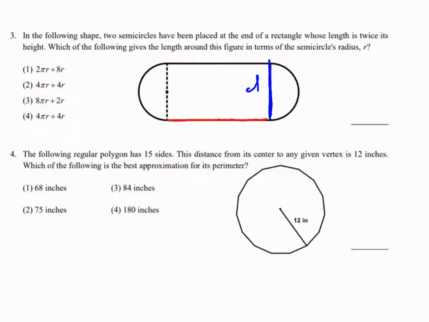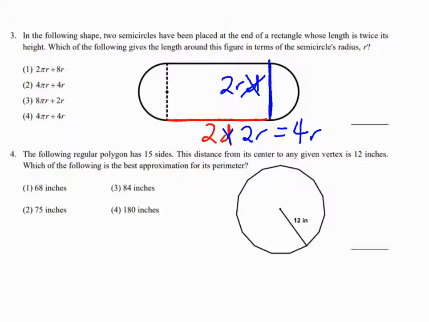So the red part would be twice the diameter. Since the diameter is also 2 times the radius, we can call this blue part 2 times the radius, which means this red part would be 2 times 2 times the radius, or 4 times the radius.